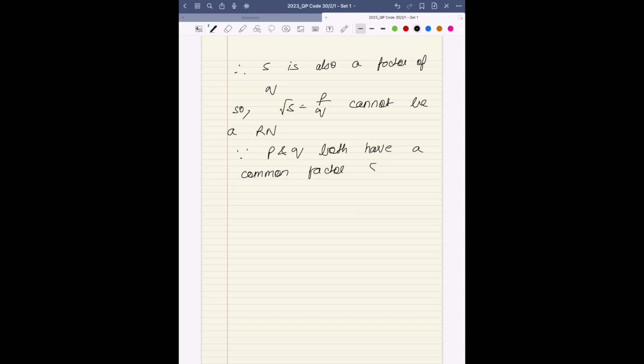Since it has a common factor, hence root 5 is an irrational number. That's how you prove it.